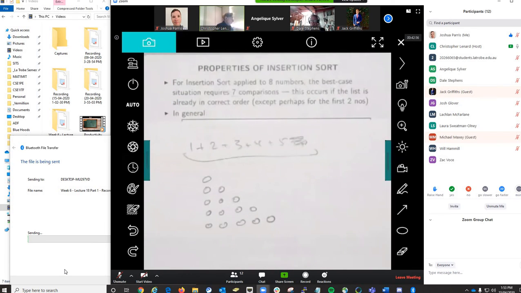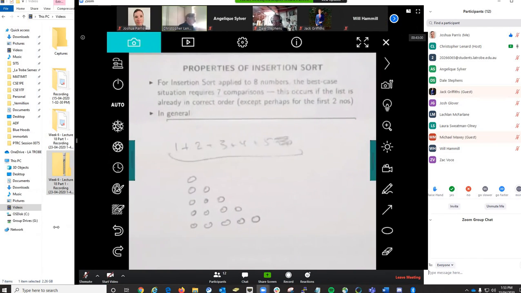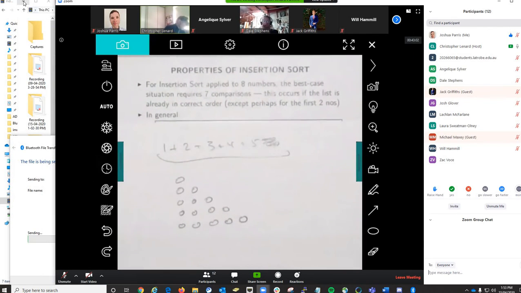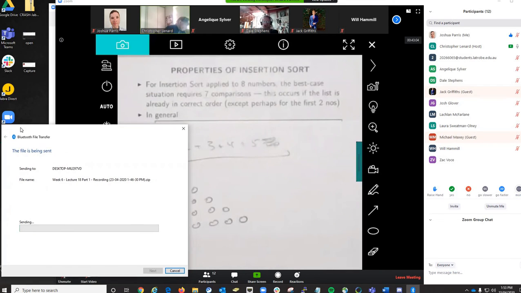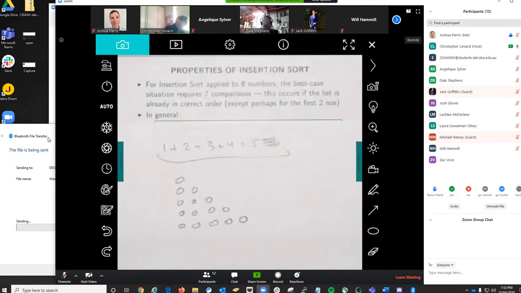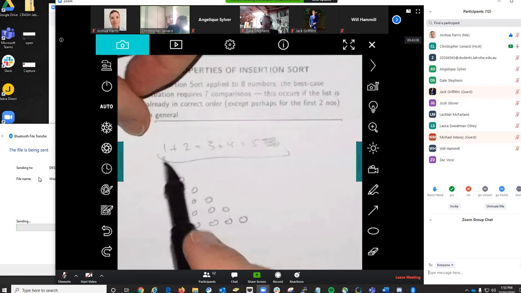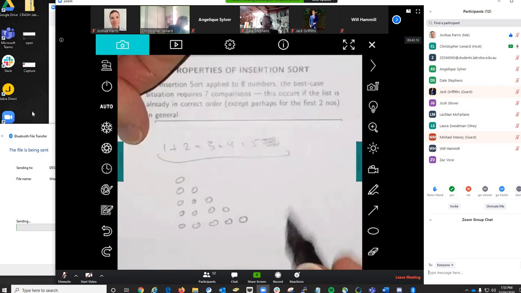So if you add up the number of dots, 1 plus 2 plus 3 plus 4 plus 5. But you realize that you can also get 1 plus 2 plus 3 plus 4 plus 5 this way.